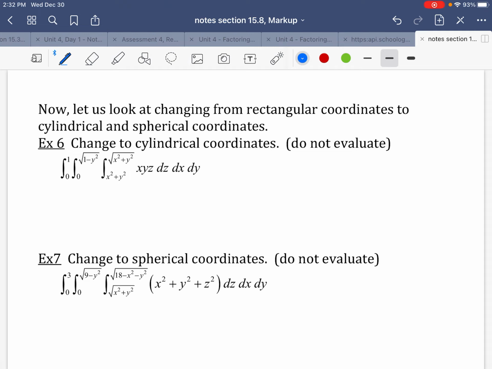All right, so first of all, we have to understand what we are staying between. This is telling us we are staying from z equals x squared plus y squared to z equals square root of x squared plus y squared.